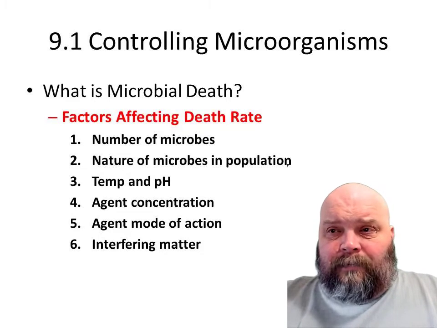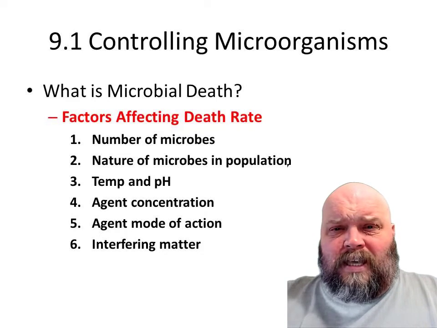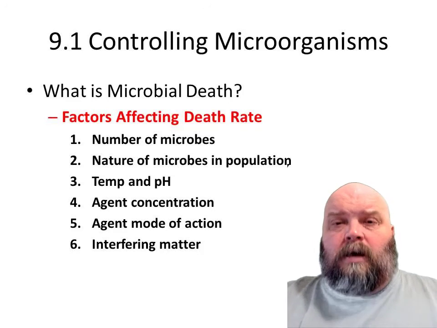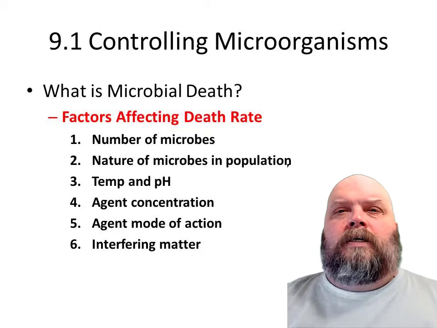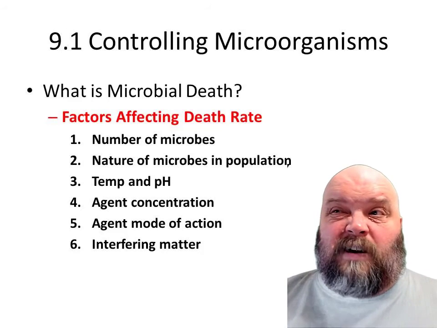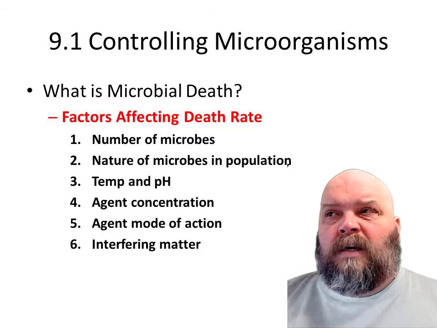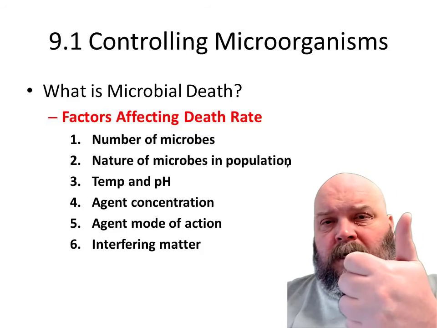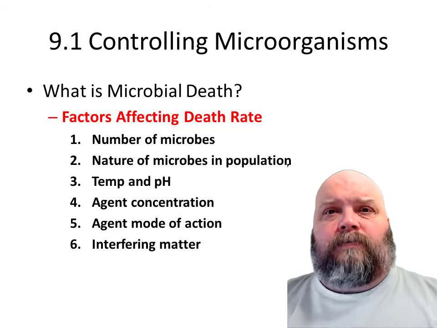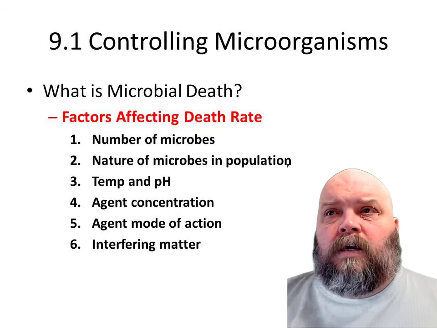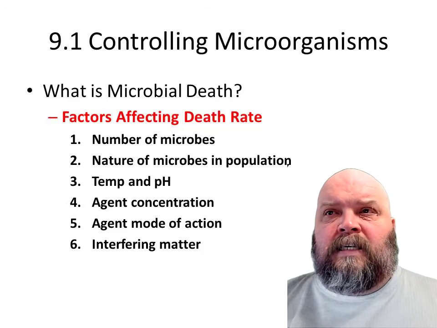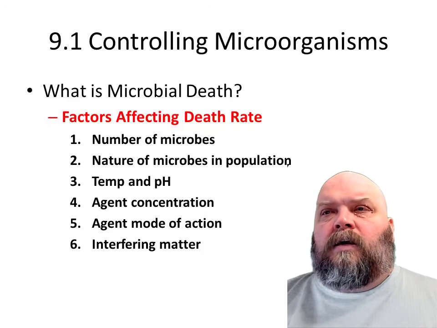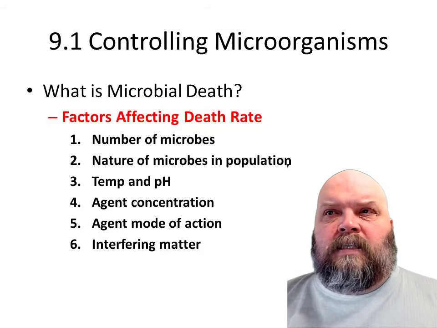And then lastly, what else is there that could be interfering, could be absorbing up the chemical so that the microbes present are never actually exposed? In a surgical wing, this could be blood, this could be tissue matter. Blood, tissue, stuff like that gets into crevices in certain places in the surgical wing.